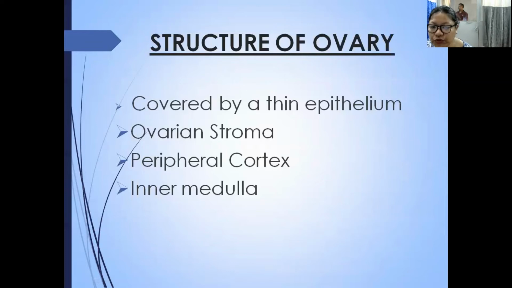And number two, it has an ovarian stroma. That is, everything that is inside the ovary is the ovarian stroma. And this ovarian stroma is again divided into two parts. One is known as the peripheral cortex. It is the outermost part of the stroma. And the inner medulla is the inner layer of the ovarian stroma. That's all about the structure of the ovary.